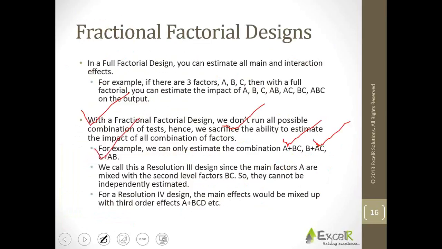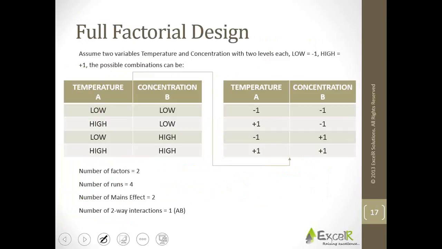We call this a resolution 3 design because we have three factors. But look at this. The main factor A is mixed with the second level factors, so they cannot be independently estimated. And for a resolution 4 design, the main effect A is mixed up with third order effects, that is B, C, D, etc.